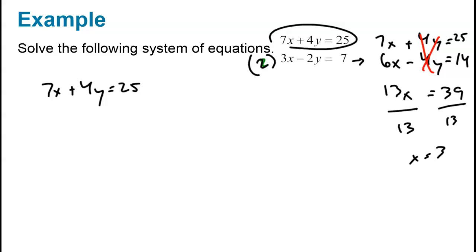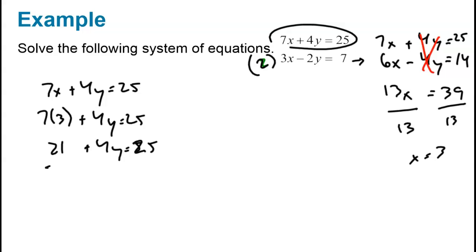We plug x is 3 into 7x plus 4y equals 25. We end up with 21 plus 4y equals 25. Get rid of that 21. 4y equals 4, and y equals 1, and so we have our coordinates in our answer.